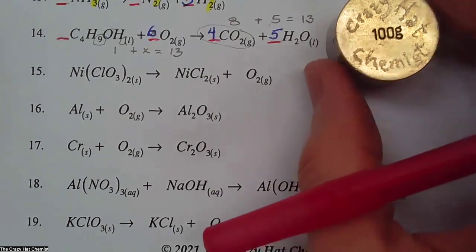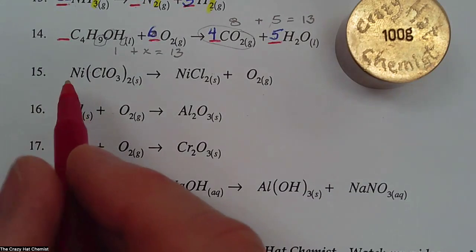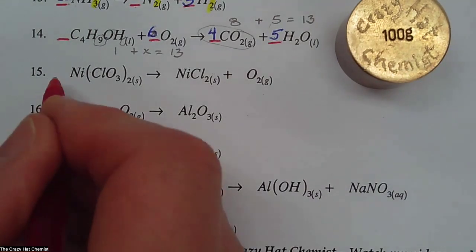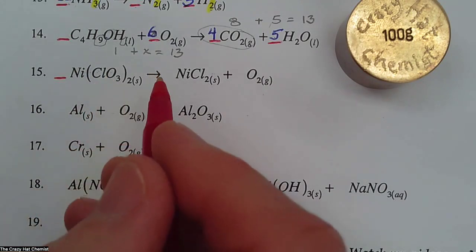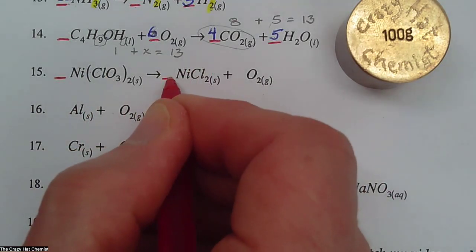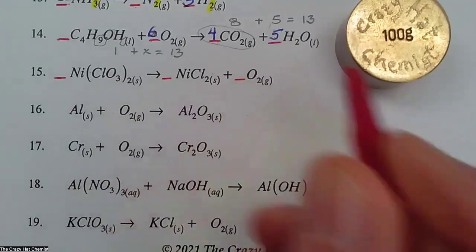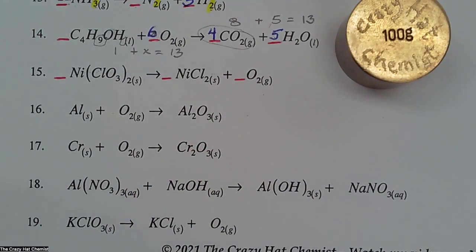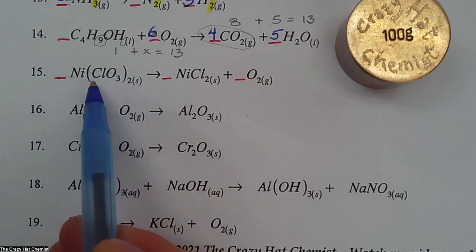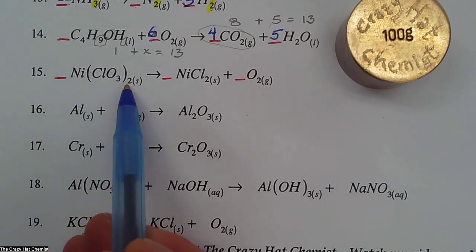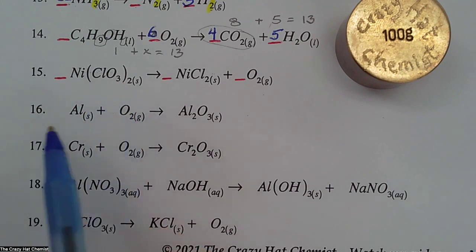All right, awesome. Let's do number 15. This is a decomposition reaction where you have nickel chlorate decomposing to nickel chloride and molecular oxygen. So hopefully, obviously, this is the most complicated formula. That's a nickel 2 chlorate.